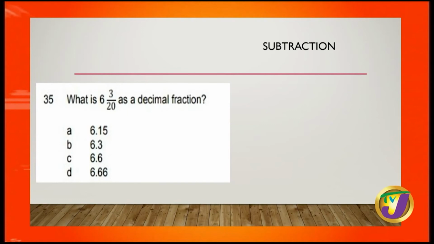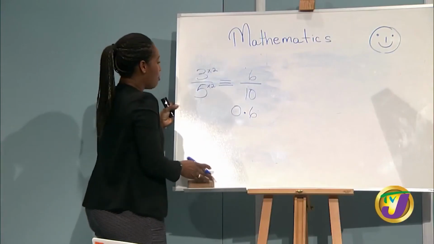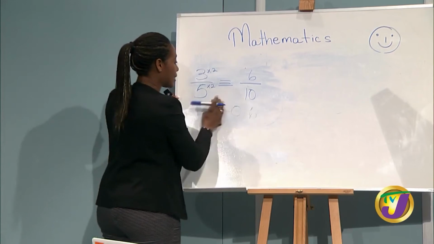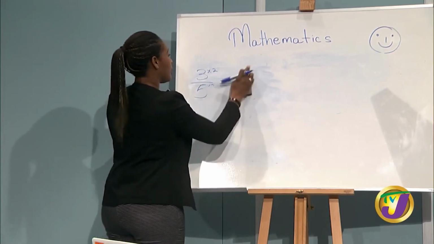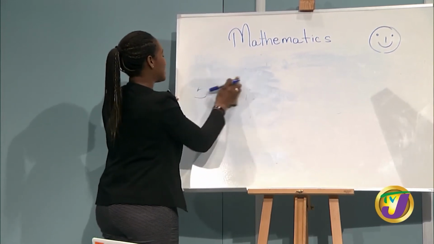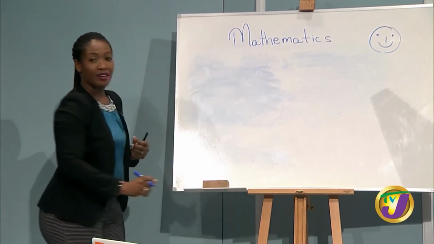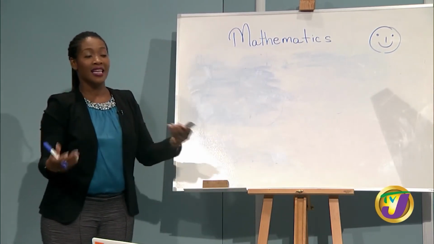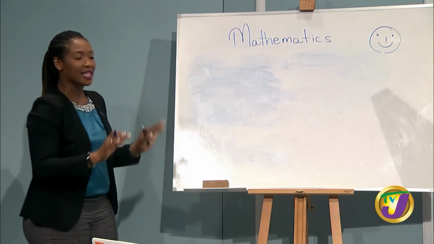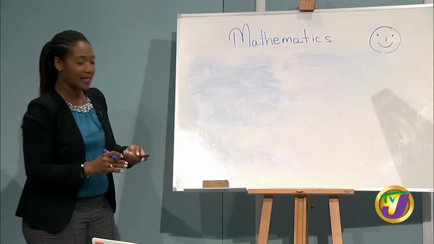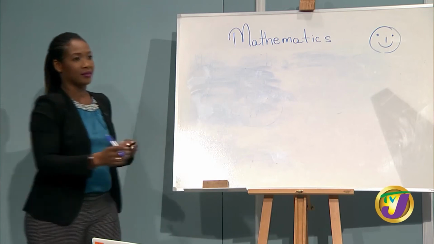All right, so this one is a little bit different, but the concept still applies. Once you pay attention to what the number is saying, remember I said earlier that a fraction is a number. So we have 6 wholes and 3/20.